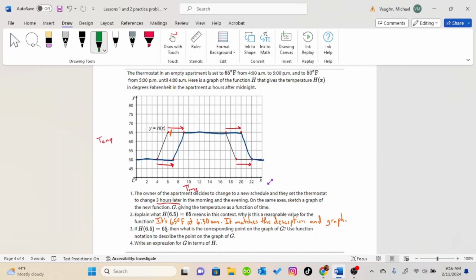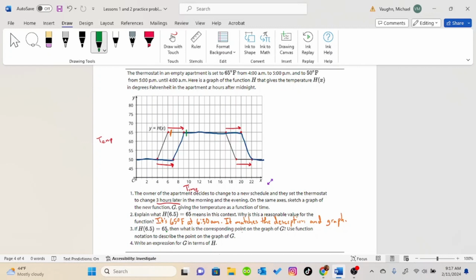Number 3. If h of 6.5 equals 65, then what is the corresponding point on the graph of g? Well, we shifted everything 3 units to the right, so the corresponding point would be at (9.5, 65).